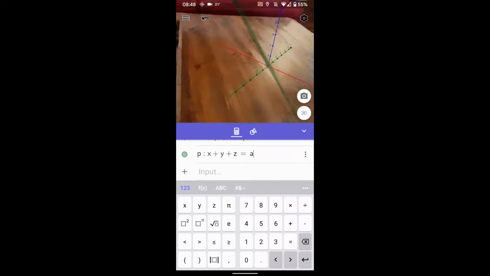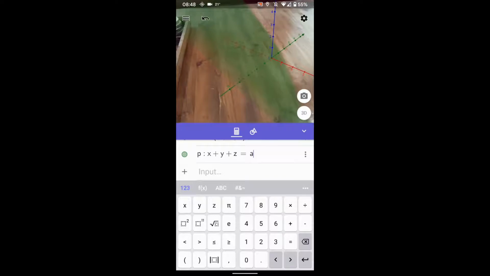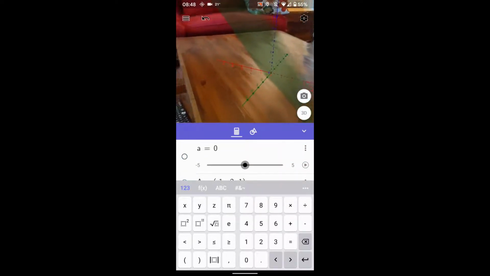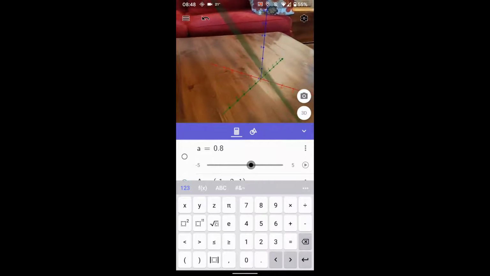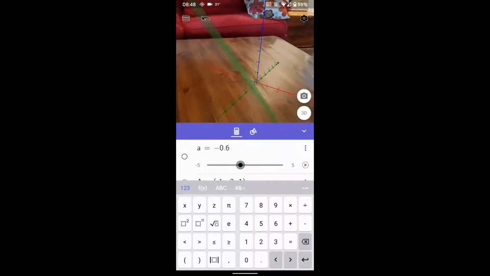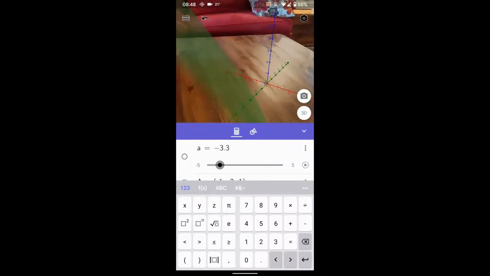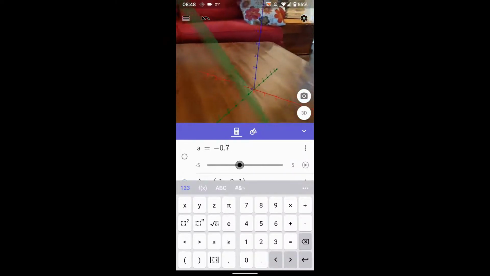And I've got this set up so that I can drag the constant, and it's almost like just changing the y-intercept of a line into space. I'm just kind of dragging it up and down.